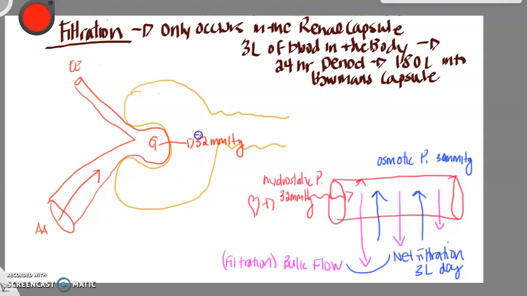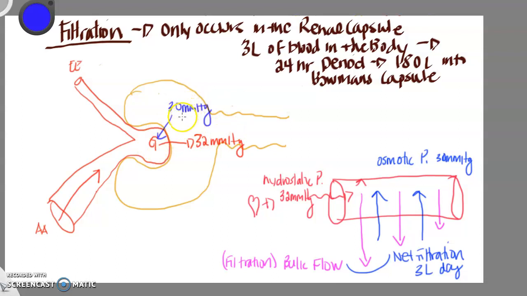Okay. But just like in the other vessel, there's also the osmotic pressure that is countering it. So the osmotic pressure of about 30 millimeters of mercury. So that counters it, right? So that means things are being pushed out and then going right back into the glomerulus.